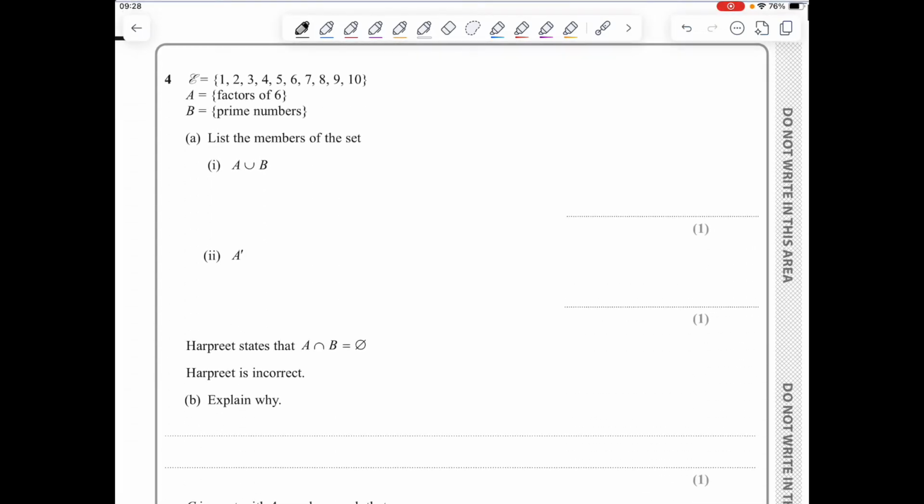For question 4, I'll start by listing the elements of A and B. So A contains the elements 1, 2, 3, and 6. B has the elements 2, 3, 5, and 7. So A union B are all these elements together without repeating the 2 and the 3, which is in both sets.